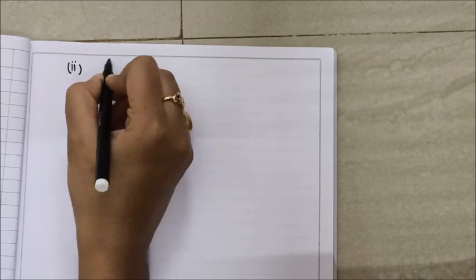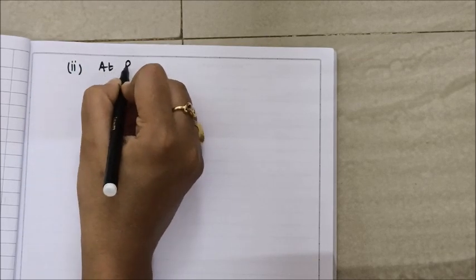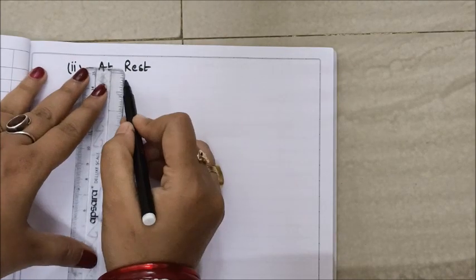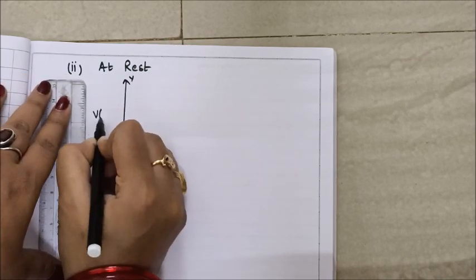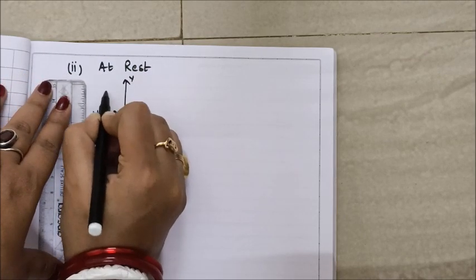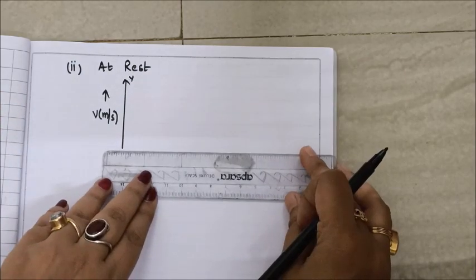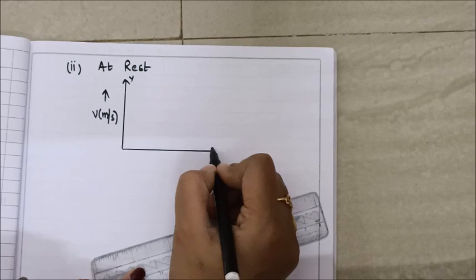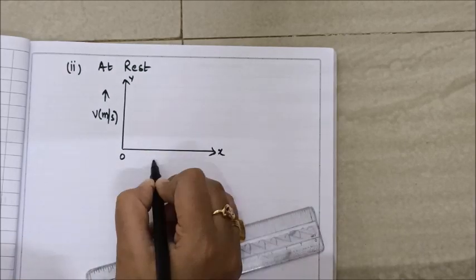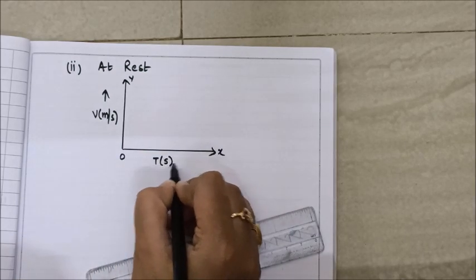Now the second case in the velocity time graph is when an object is at rest. First we'll make the VT graph, v on the y-axis with its SI unit written, and time on the x-axis with its SI unit written.